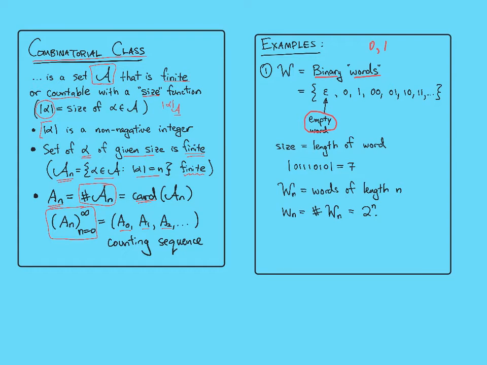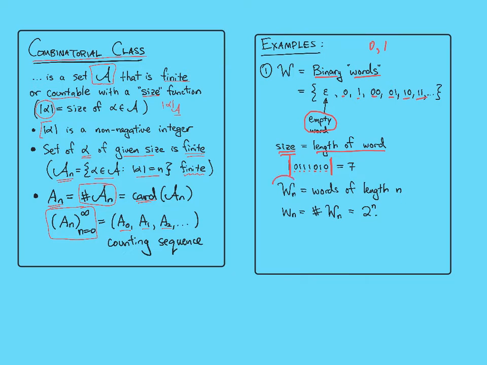So that's just no word. It has size 0. But each one of these will give me different binary words. And the size function in this case will be just the length of a word. So the size of 0, 1, 1, 1, 0, 1, 0 is just the number of zeros and ones here, which adds up to 7 in this case.